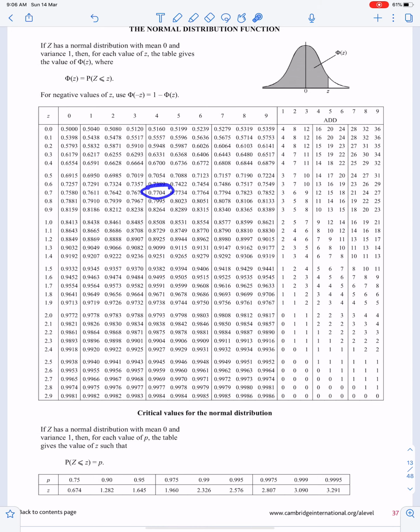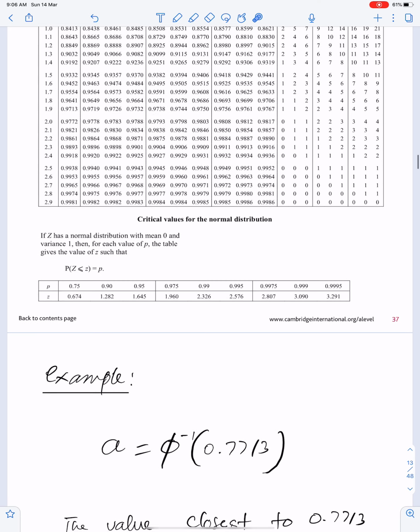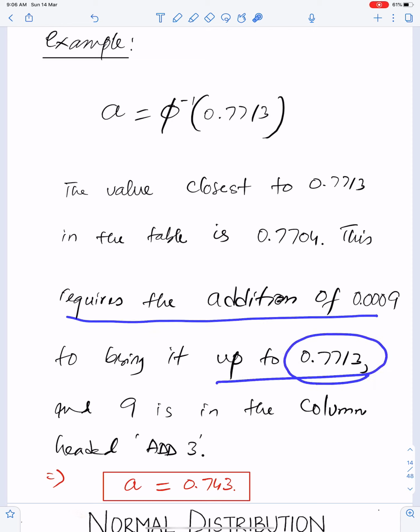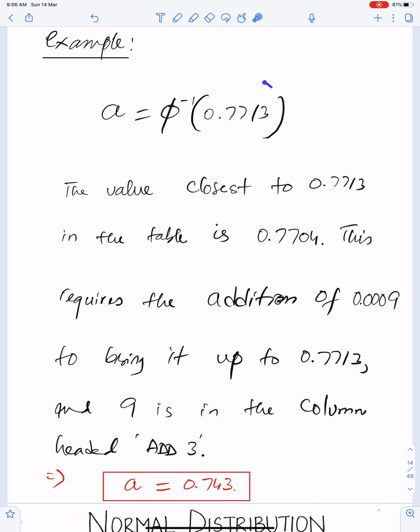This is here. The difference between this number and this number is that it requires the addition of 0.0009 to bring it up to 0.7713, and 9 is in the column headed 3. So 0.7713.